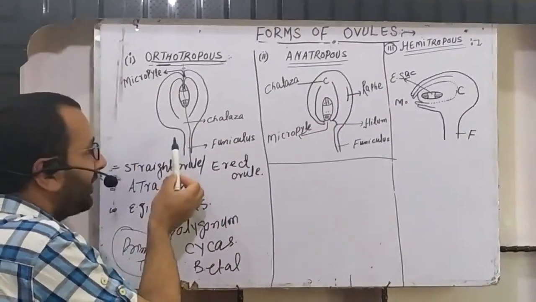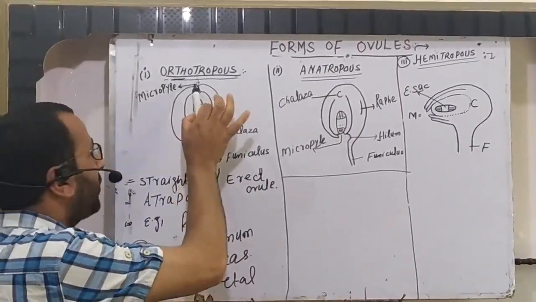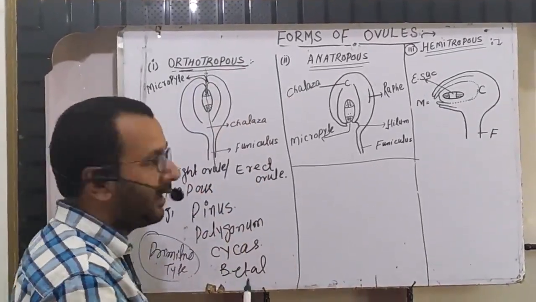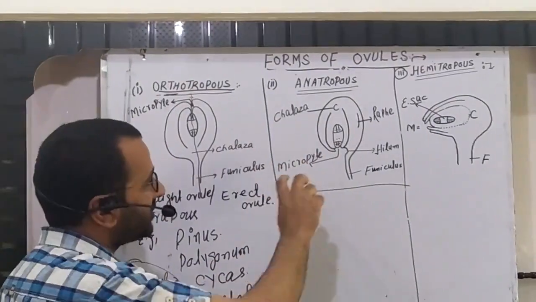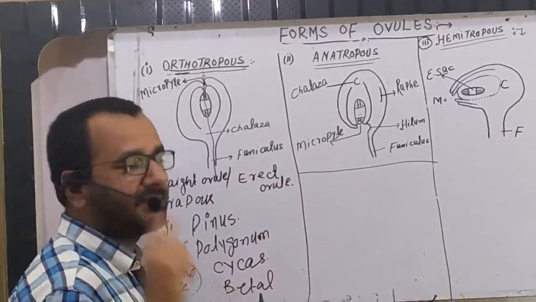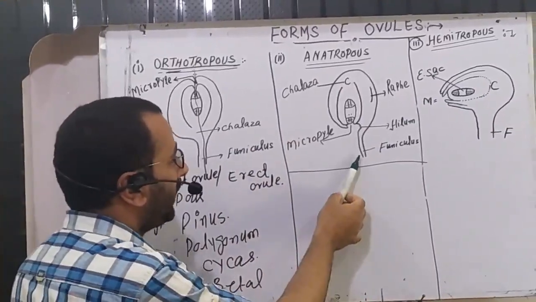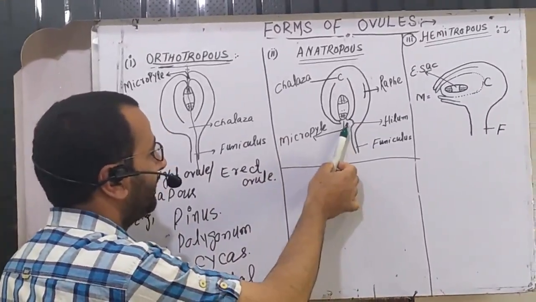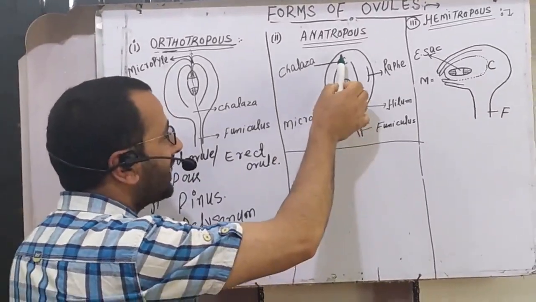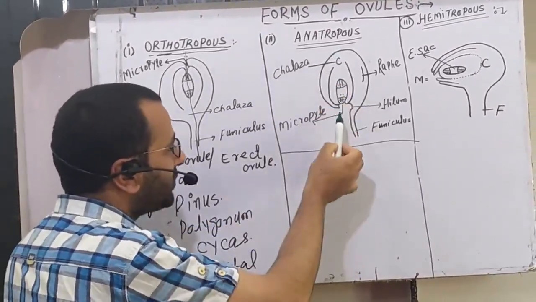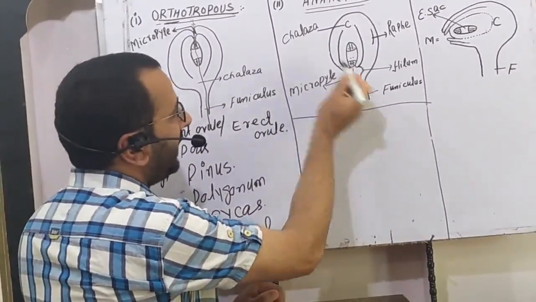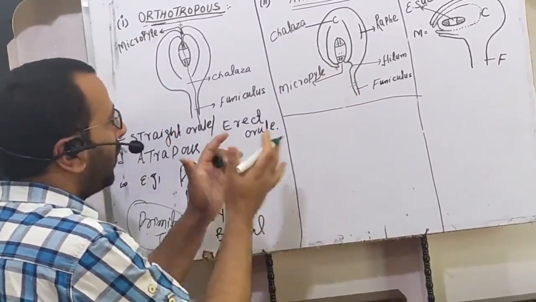Here, in this ovule, micropyle, chalaza, and funiculus were in a straight line. But in the next ovule, the orientation is such that funiculus and hilum are close, while chalaza is opposite to the micropyle. That means funiculus and micropyle have come close to each other.